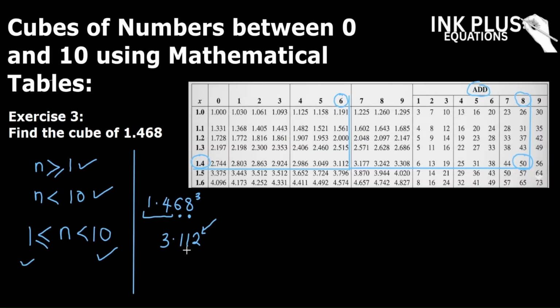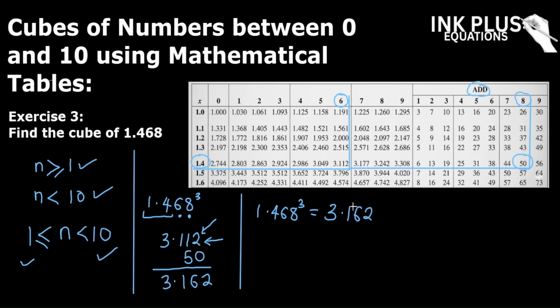So we're going to put the 50 here. So the answer is going to be 3.162. And so the final answer is 1.468 cubed is equal to 3.162. That's going to be the final answer.